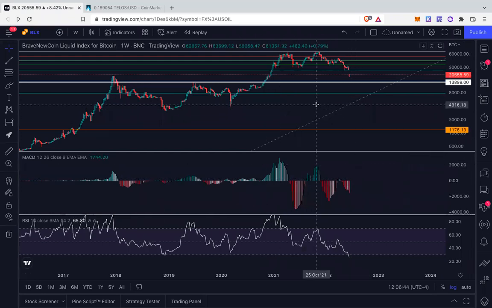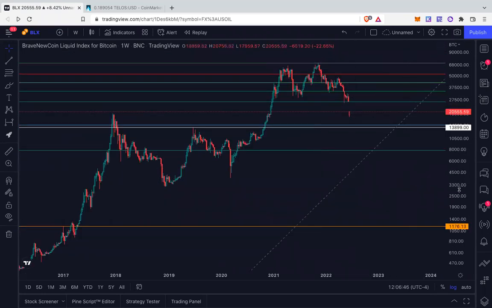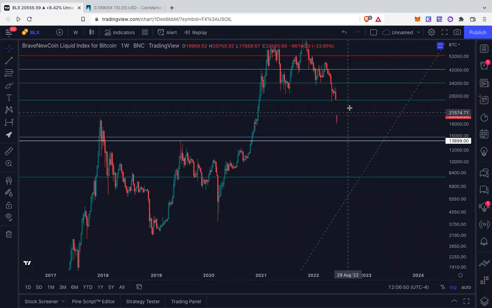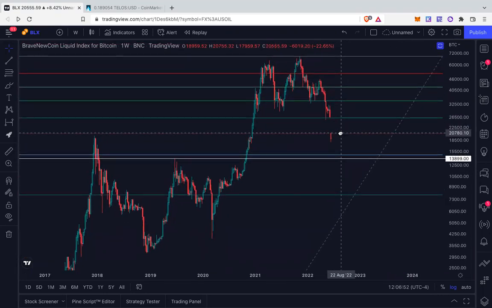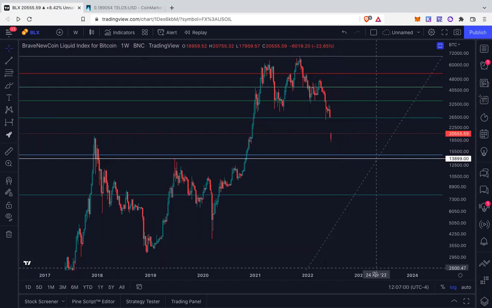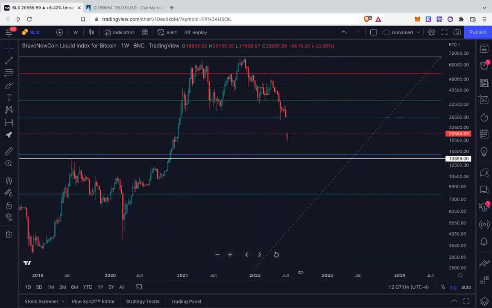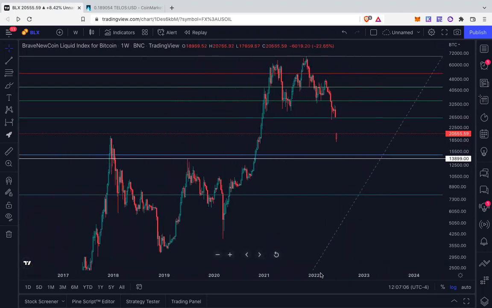Still just not bullish. And this has a major gap. Wow, how does this get a gap? It's interesting. This gap is probably going to get filled. So 26K is my target, if this is accurate, before we see any more downside.